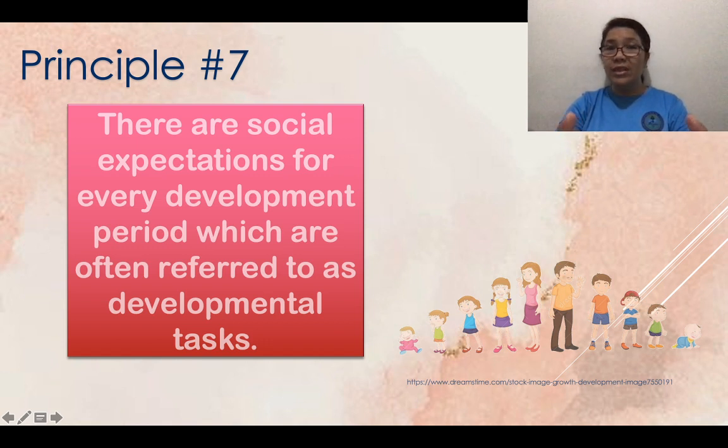And they should already be able to control their emotions, or they have stabilized their emotions already. They're mature enough. You cannot imagine a 25-year-old throwing tantrums, right? So those are developmental tasks, and these are part of growth and development.